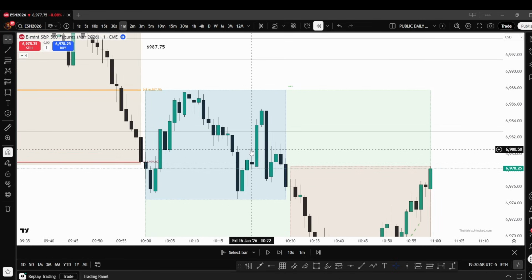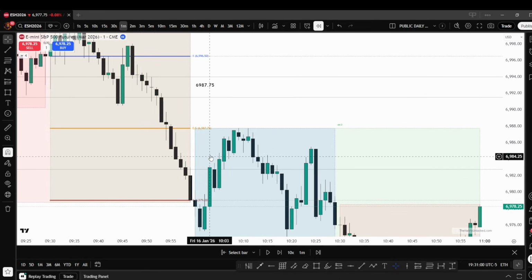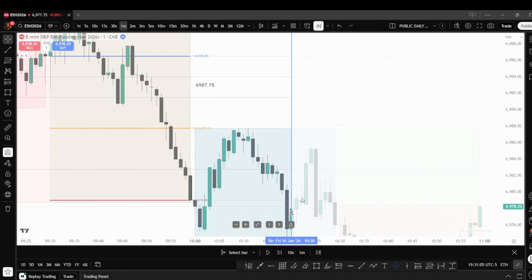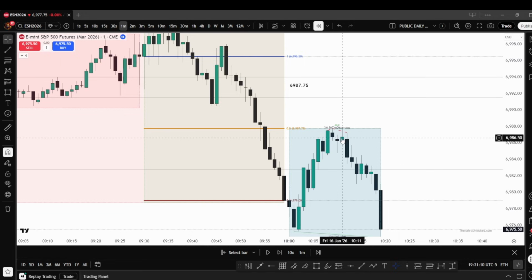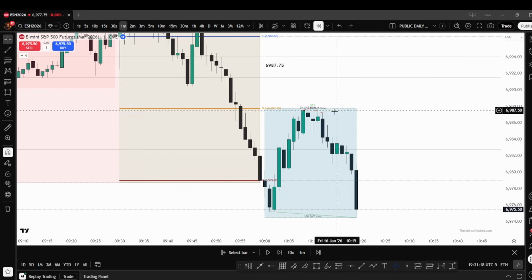Okay, so after that, you can see the market structure shift pattern happening right there, which you probably can't see. When I went to market replay, you can immediately see the SMTs that are forming.